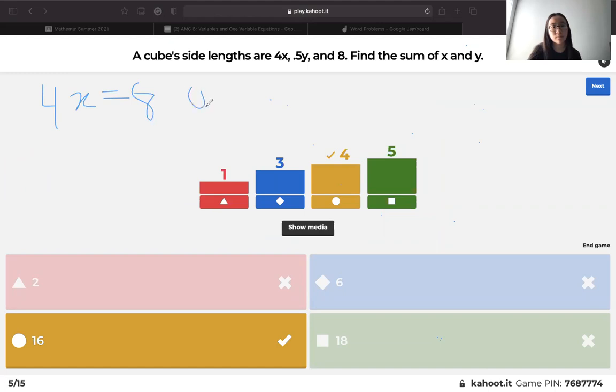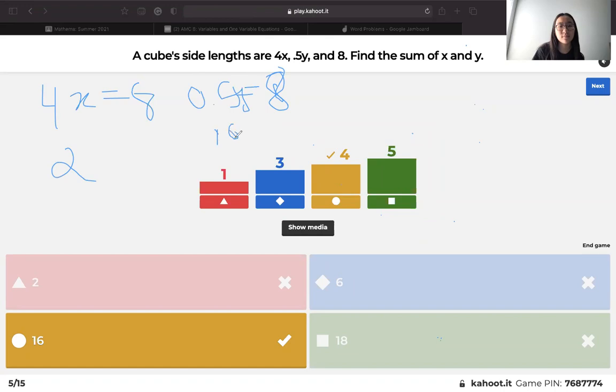And then 0.5y is equal to 8. And then you solve both of these. So you get x is equal to 2. Then y is equal to 16.